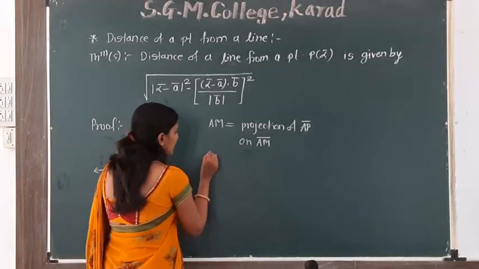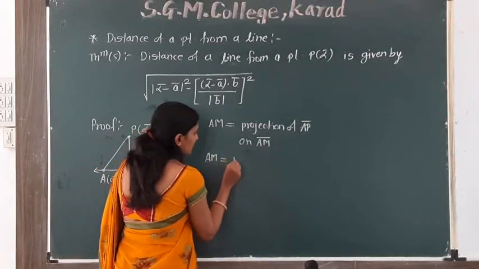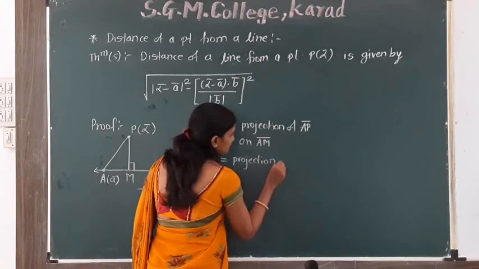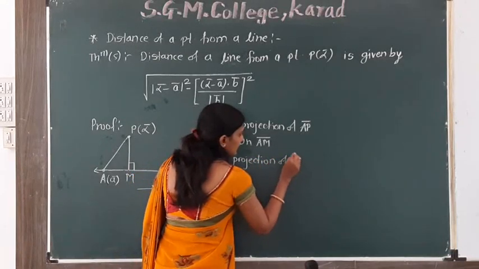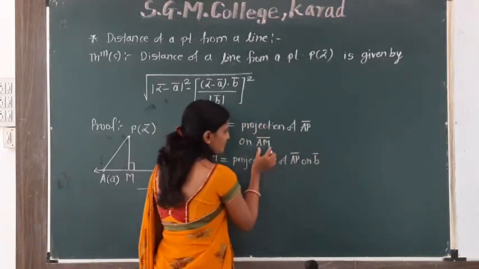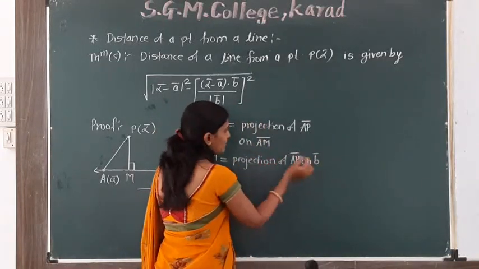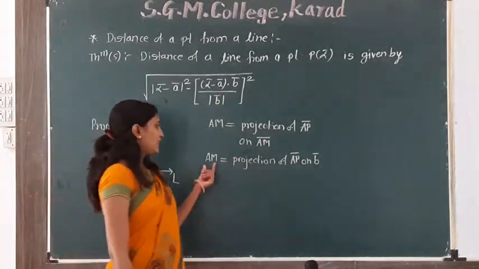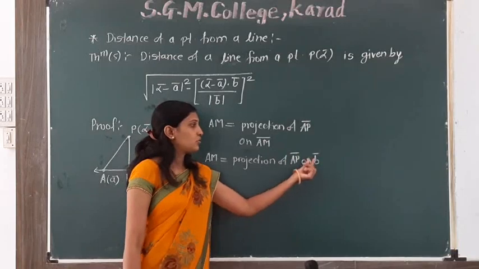So AM is equal to the projection of AP bar on b bar, since AM bar and b bar are parallel, AM bar is replaced by b bar.